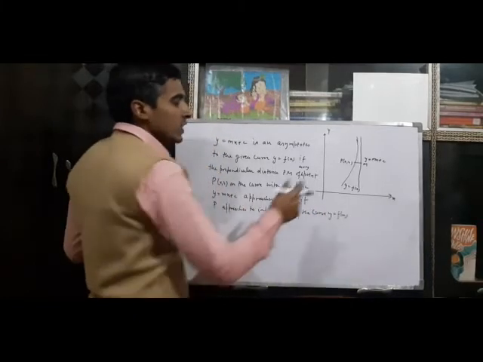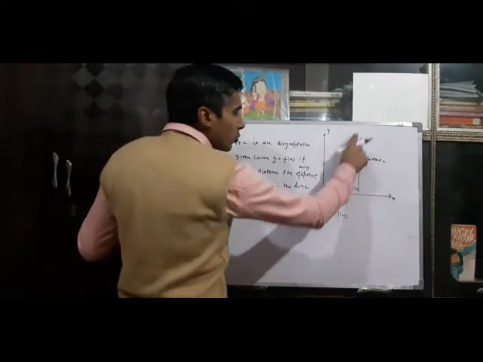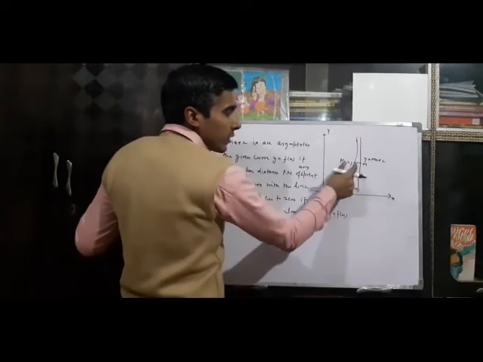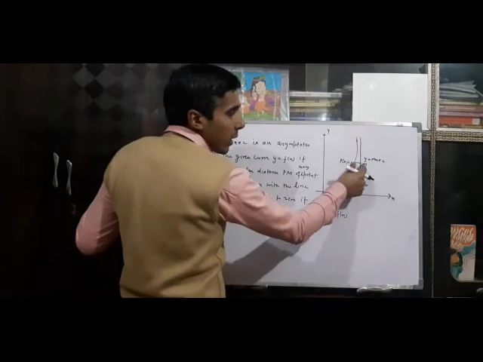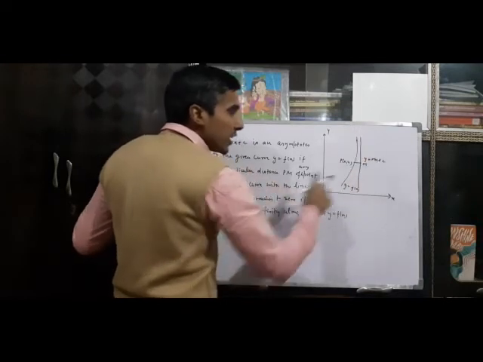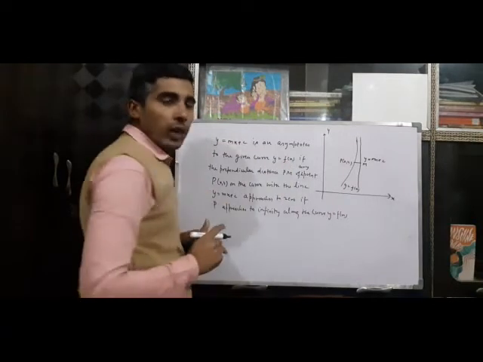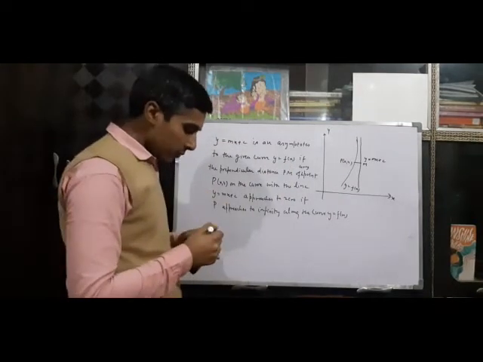That means we are saying that if P moves along this curve and when P approaches to infinity, the distance PM approaches to 0, then this straight line is known as the asymptote to the given curve y equal to f(x).